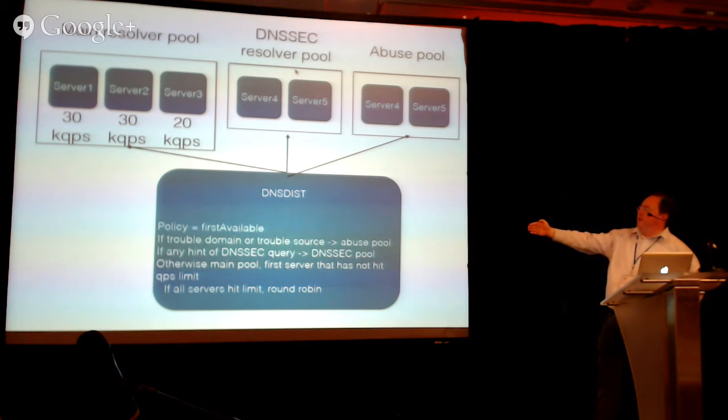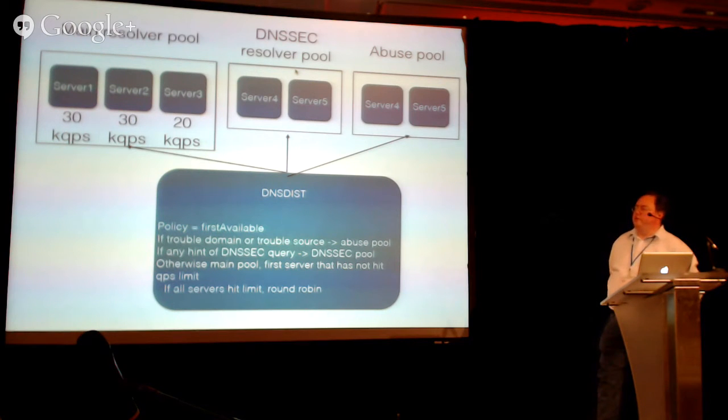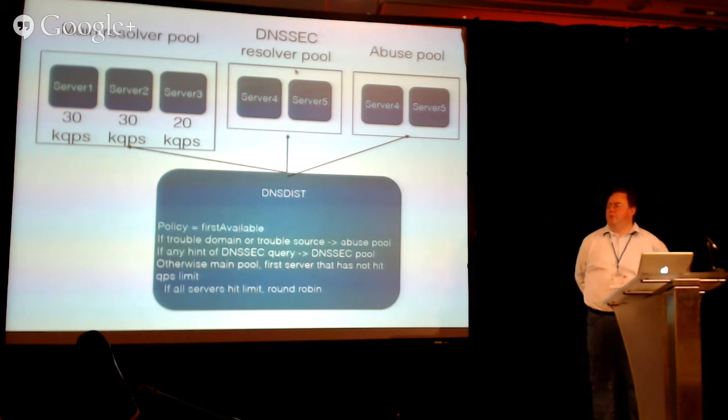If it's a troubled domain or a troubled source of packets, then we send them to the abuse pool. If there's any hint of DNSSEC in the query, then we send it to the DNSSEC pool. Otherwise, the main pool is used, and the first server that has not hit its QPS limit gets the packet. Of course, we also have to deal with all the QPS limits being exceeded, and in that case we turn into a stupid load balancer again and just do a round robin.